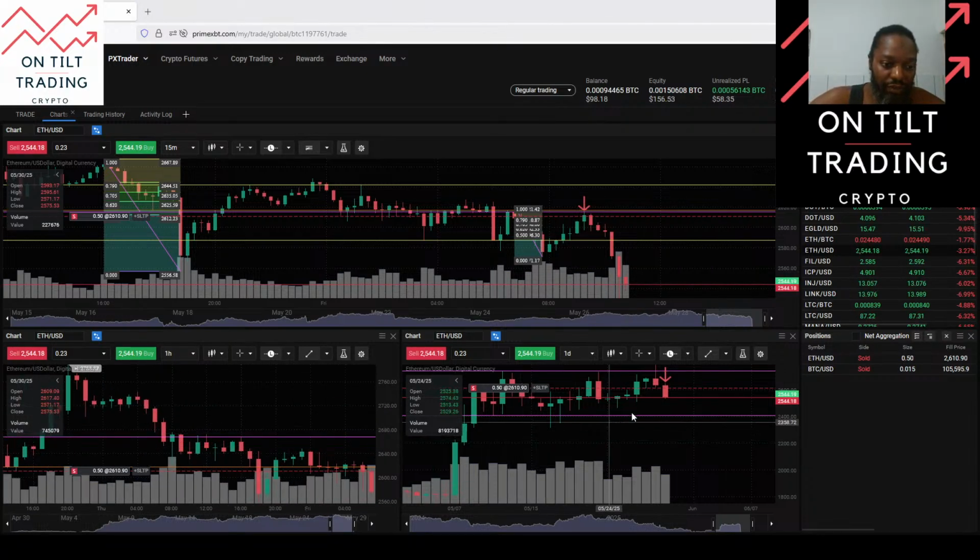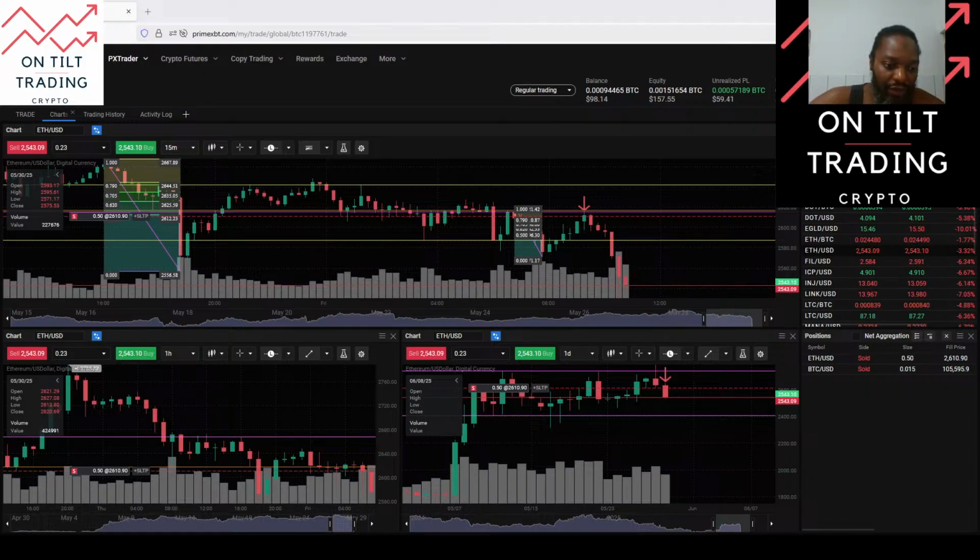So this candle here is the low of yesterday. Actually, we'll keep it here because there are two lines together that would be confusing.